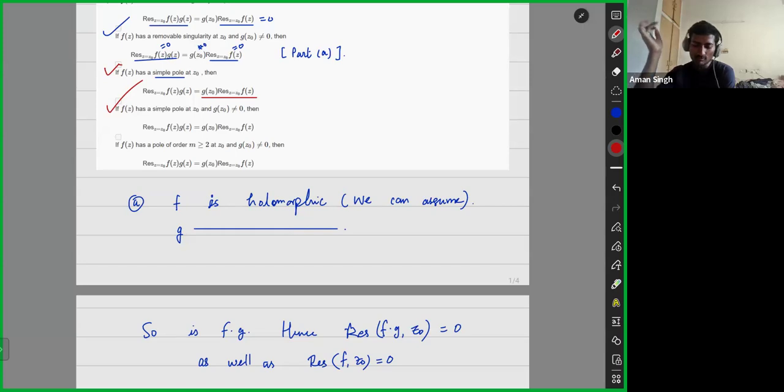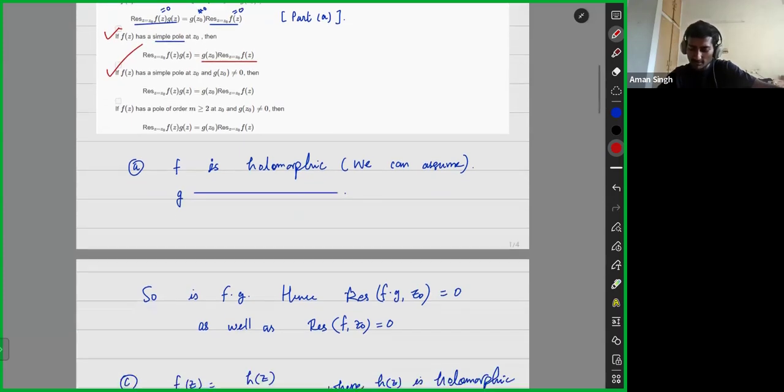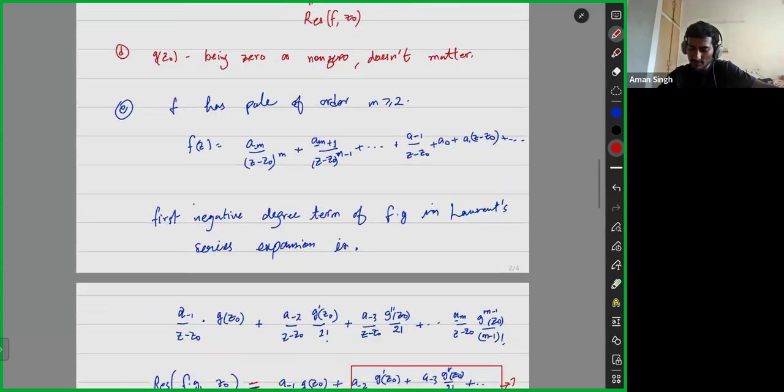So I'm leaving it at this point. I think we can get some counterexample where these numbers are non-zero.